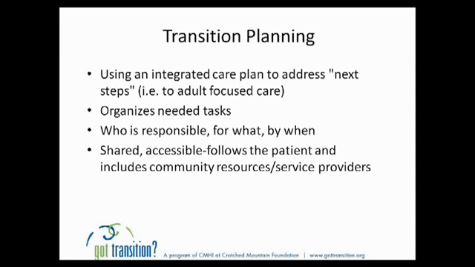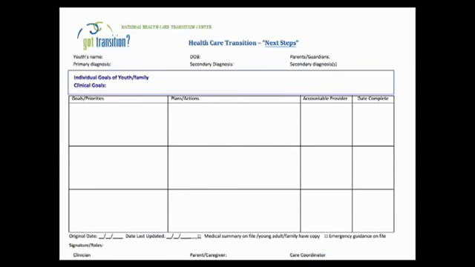It should follow the patient and include the community resources and service providers. So an example in my practice would be that I might have a care plan. It would include the things that take place within the hospital walls, but if I have durable medical equipment companies or formula that's provided by someone else, that's also always in the care plan so that we know how to get the patient what they need. Next slide, please.